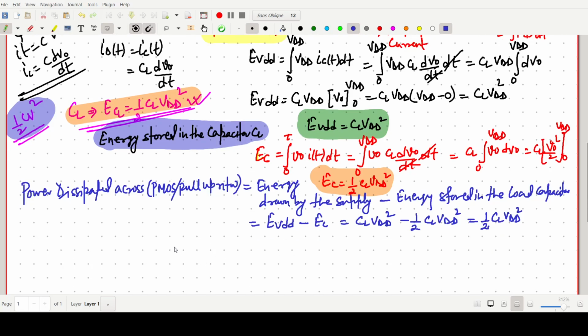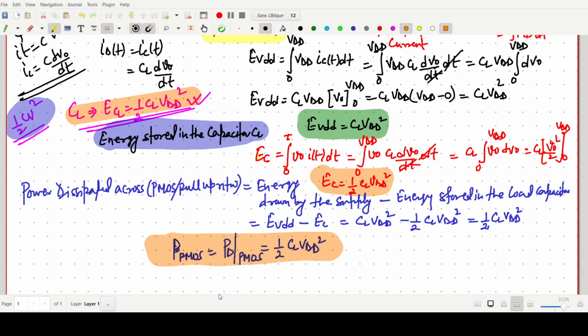So the power dissipated across the PMOS network will be simply 1 by 2 CL VDD square. Is it clear? Now this one is during the low input.